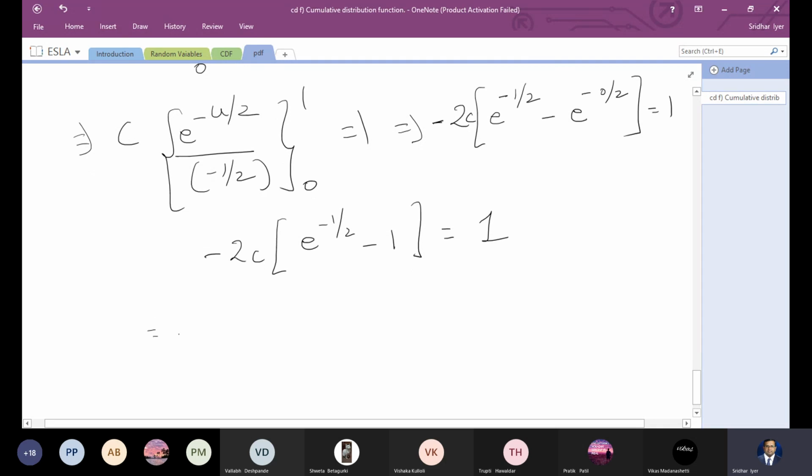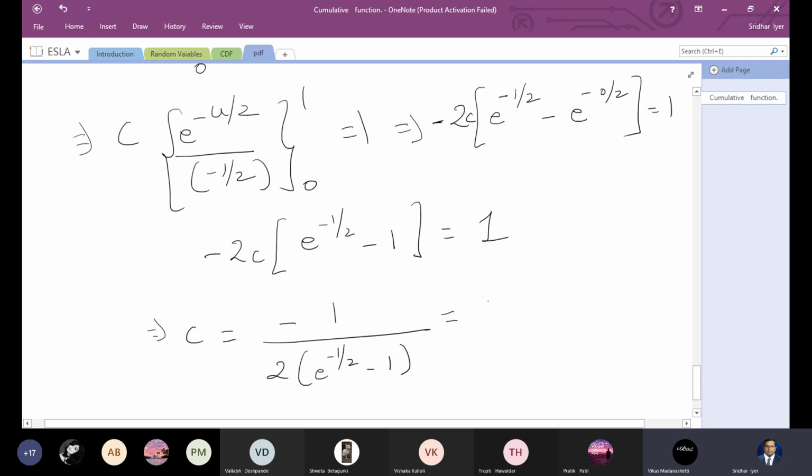Therefore, the value of c, now I'll cross multiply, will be negative 1 divided by 2 times e raised to minus half minus 1. Right? So any of you, if you have solved, let me know what value you get. I'm also using a calculator here. 1.2690. Let me see. Yeah, so I get somewhere around 1.27.